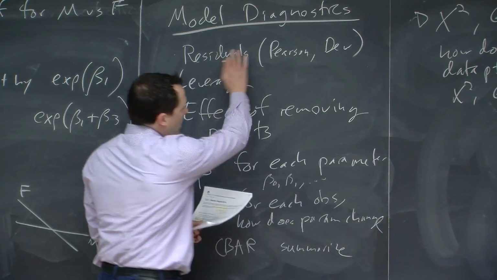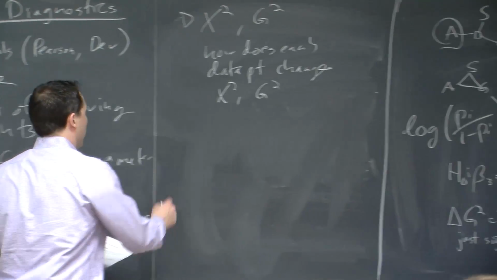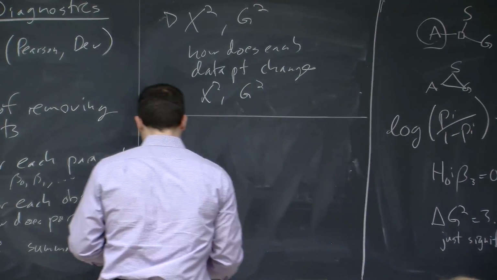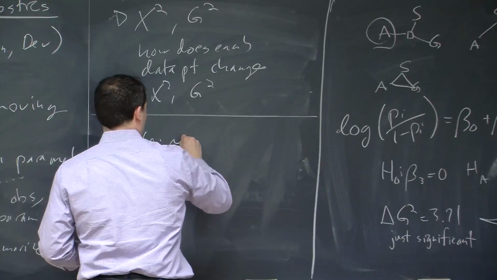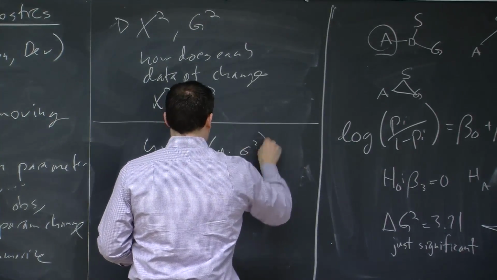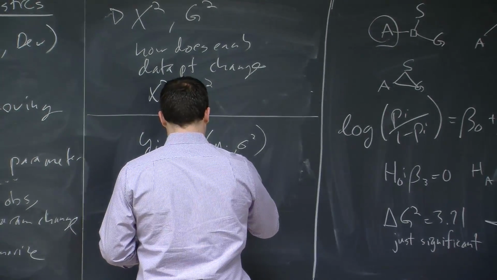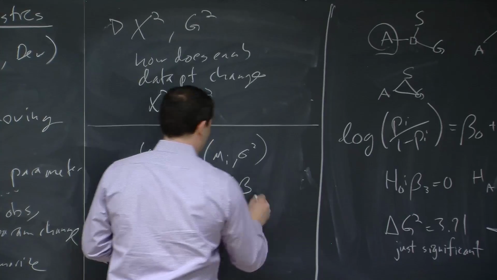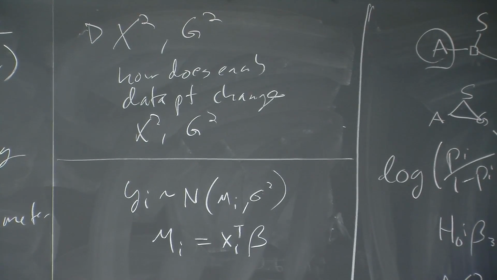Okay, so to talk about residuals, which are essentially drawn from linear regression, let's swing back to thinking about linear regression. Linear regression is a generalized linear model with a very straightforward systematic piece, and the link function is just the identity.